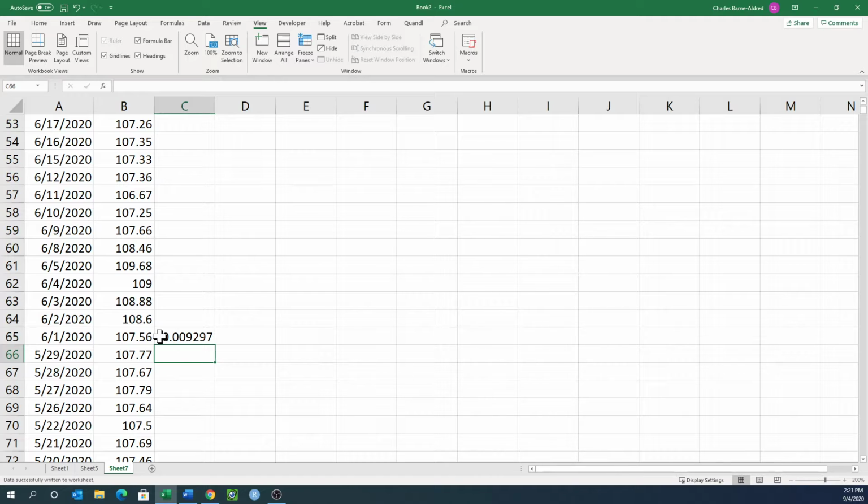So we are dealing with 10 million yen times 0.009297. So we're looking at 929,700. I think I did that math right. 1, 2, 3, 4, 5, 6. Yeah, I think that's right.